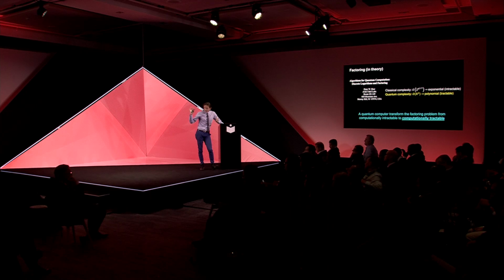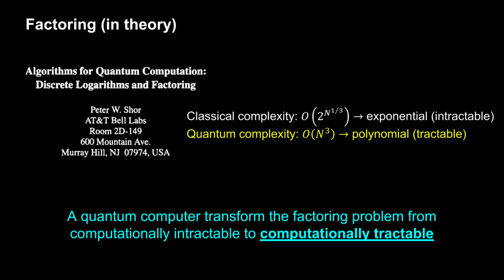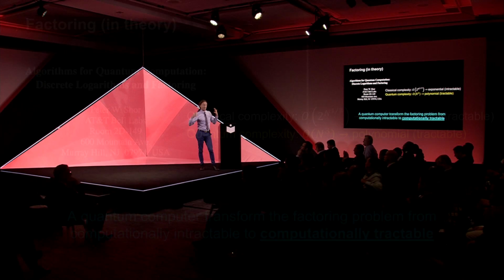So it turns an intractable computation into a tractable one. This is really what most of the finance, defense and government agencies are interested in, because that's the one that can have a massive impact, in theory.